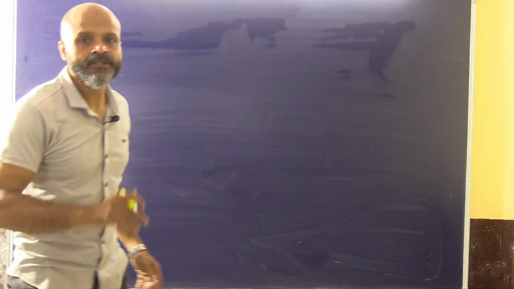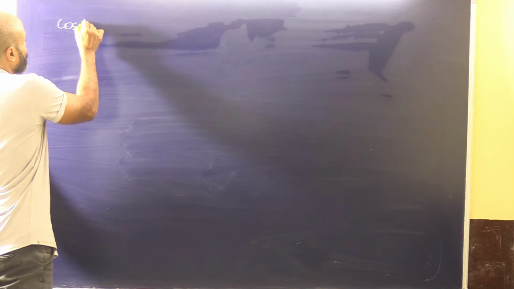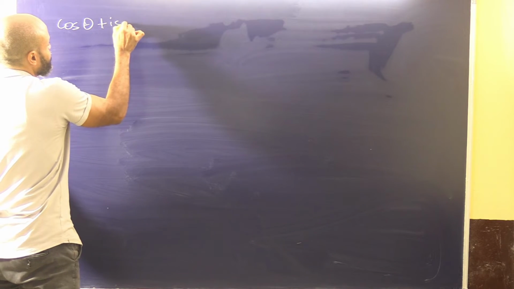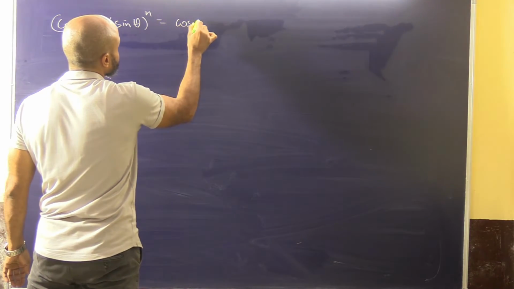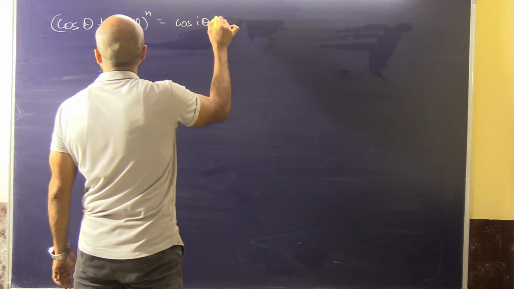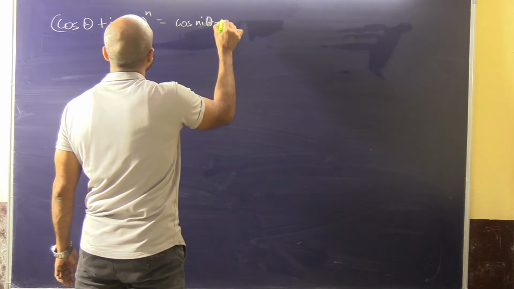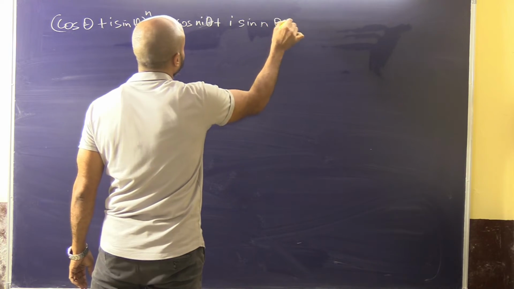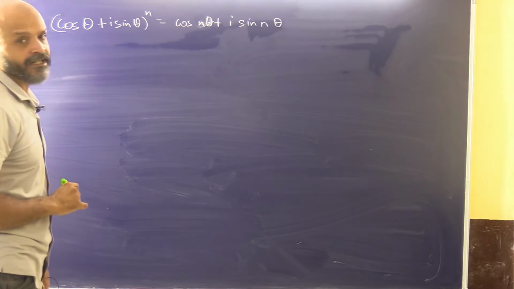Okay, some more derivations from De Moivre's theorem. For example, we know that (cos theta plus i sin theta) to the power of n is equal to cos n theta plus i sin n theta.